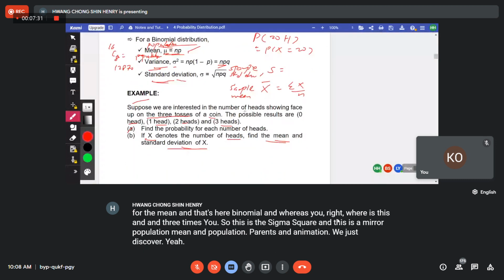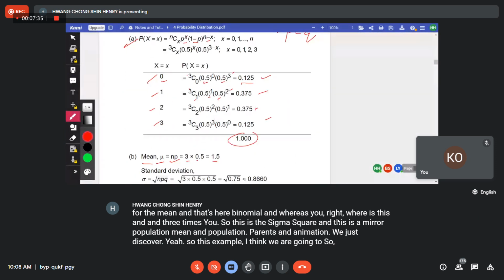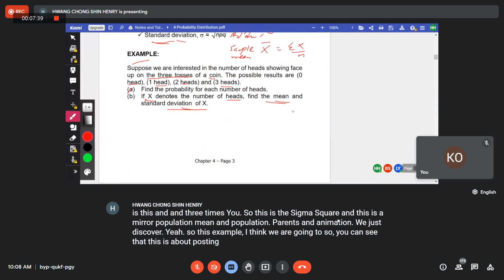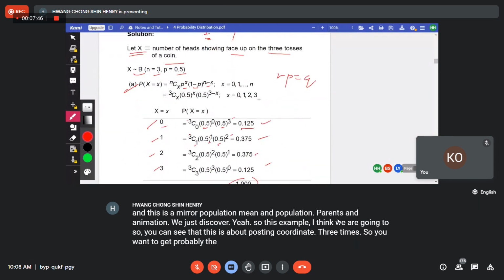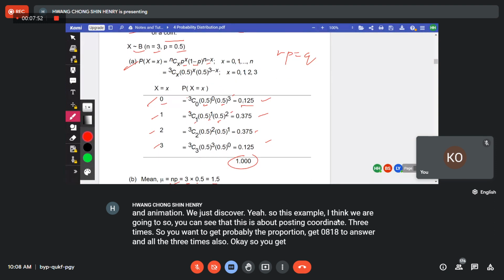Now some of these examples, I think we have gone through. So you can see that this is about what? Tossing a coin 3 times. So you want to get the probability of 0 hits, 1 hit, 2 hits, and all 3 times also. Okay, so you can calculate all the probabilities, the chances.